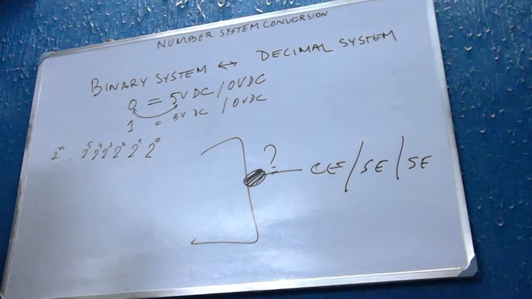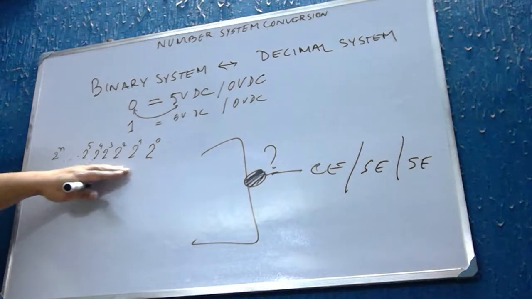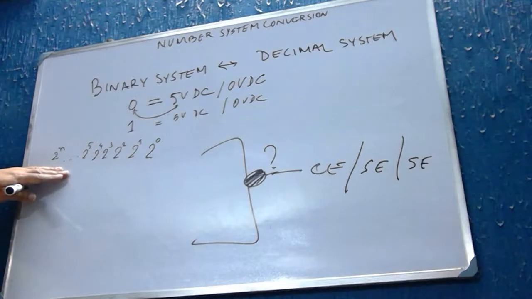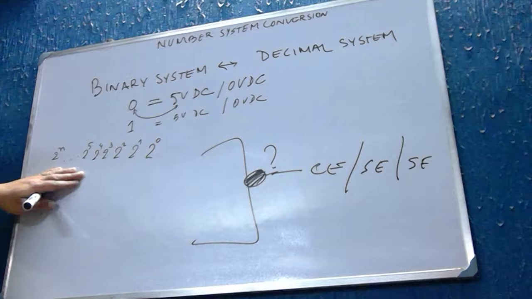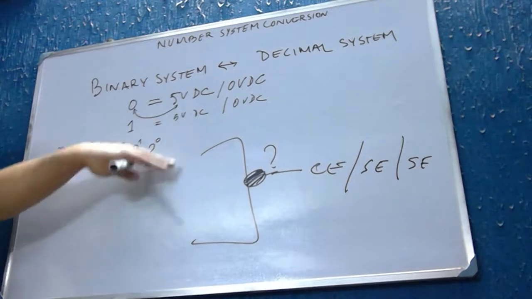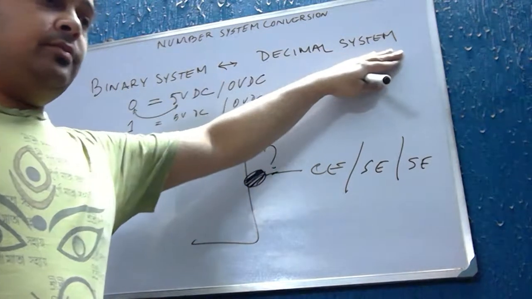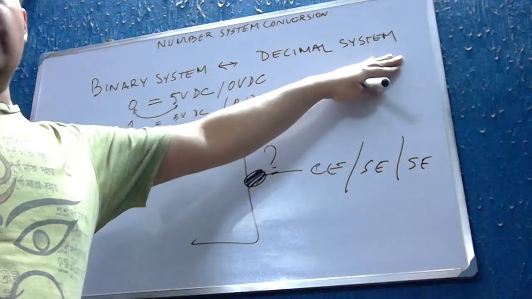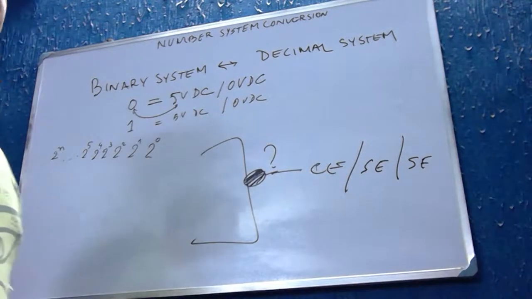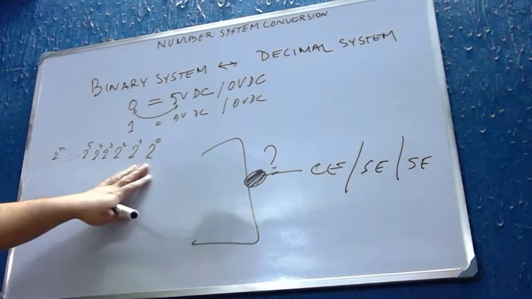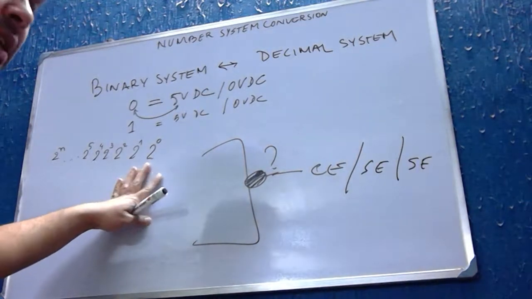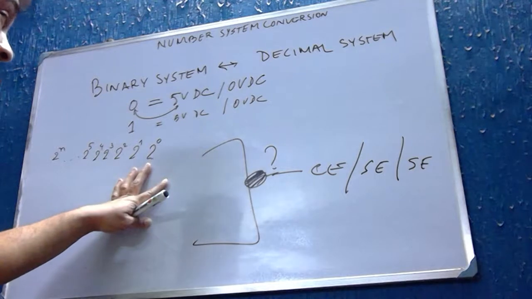So this is the normal binary level of conversion. If you want to convert a binary number into a decimal number, like shown over here, then you must multiply the value. There are two things that you must remember.